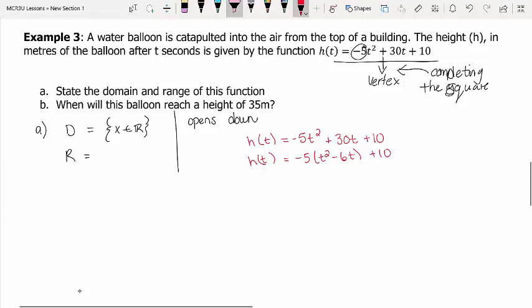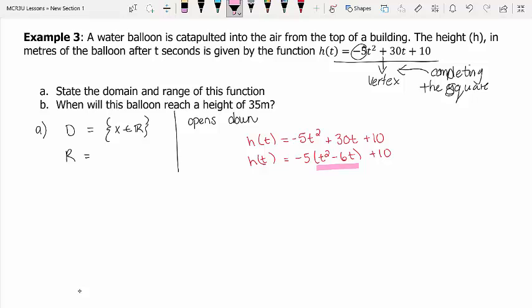So let's factor it out of the first two terms. Okay, now what we do to complete the square is we essentially want to turn this set of brackets into a perfect square trinomial. And to do that, we are going to add and subtract the b value divided by 2, squared, into that set of brackets.